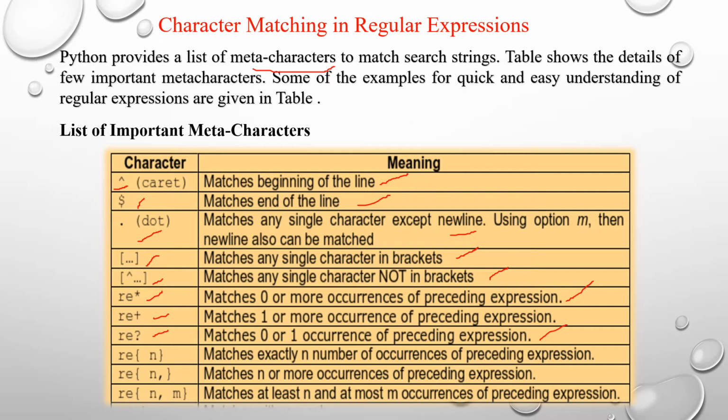Re of n, here we are using curly braces, and the meaning of this is matches exactly n occurrences of the preceding expression.